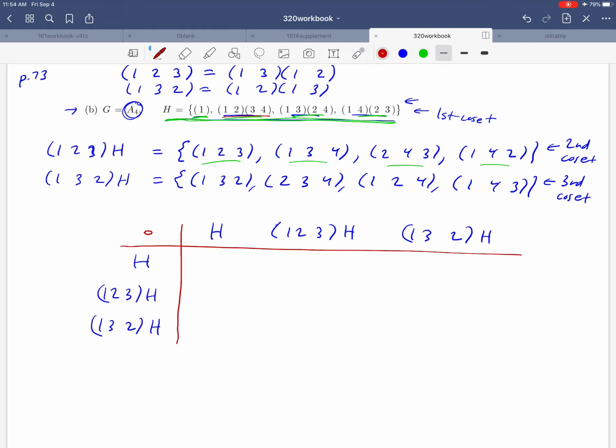The fact that there are only 3 cosets makes the calculations not too bad. If we start with the identity, H, and multiply it by any other coset, we get the same thing back again. So the first row and the first column are not going to be so bad. We've seen that behavior before.